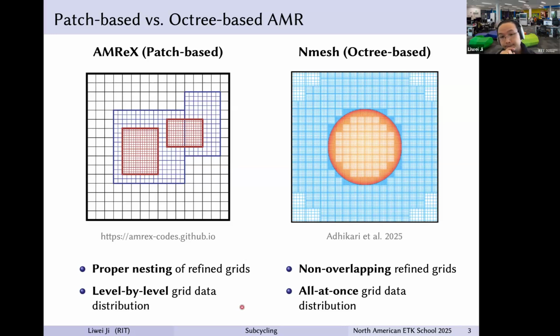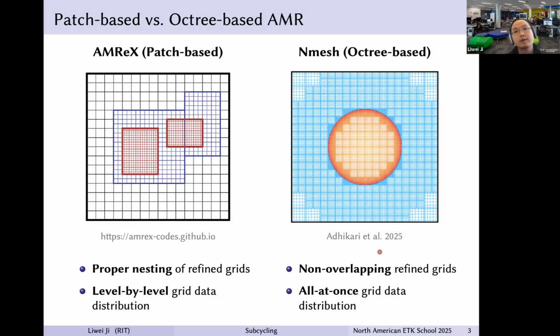Because of this difference in the data distribution between these two AMR formulations, when you do the evolution, say you evolve a time step for all the levels, for the patch-based AMR, because you distribute data level by level, you will have to evolve the data level by level.